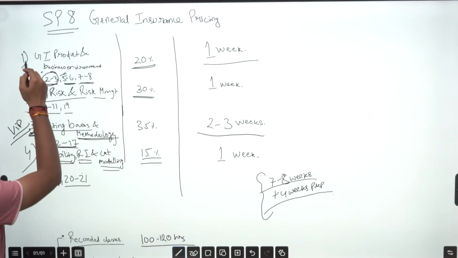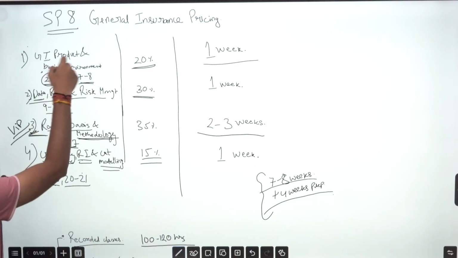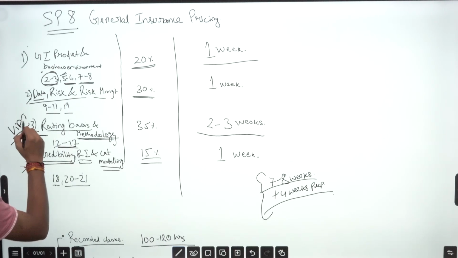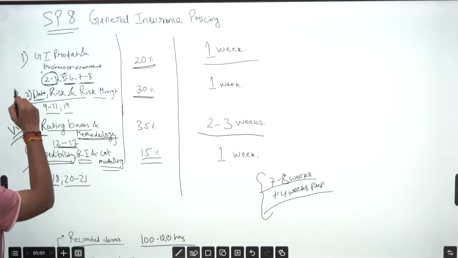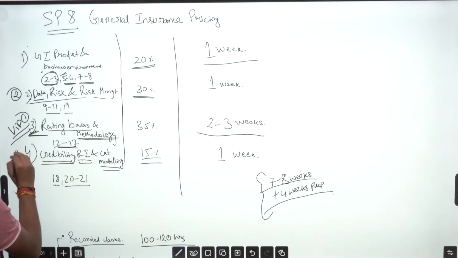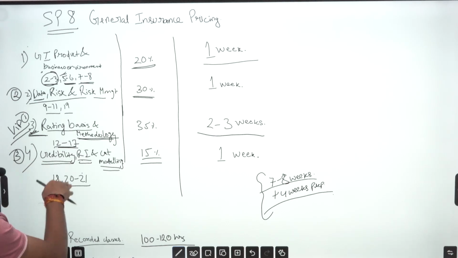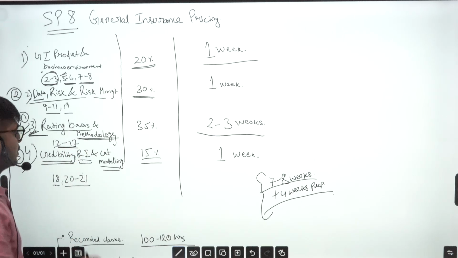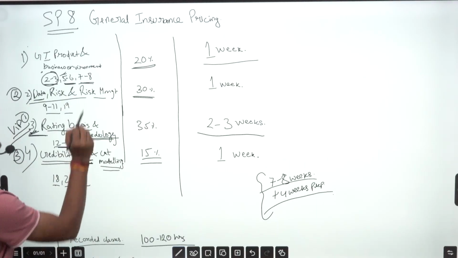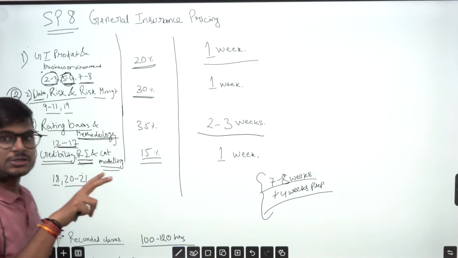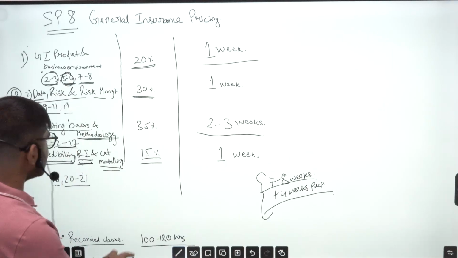So our aim would be quickly completing the introductory portion, jumping into this part, then going to this portion, data risk and risk management, and then coming to credibility, reinsurance pricing and cat modeling. When we do reinsurance pricing, we will together complete the reinsurance background and reinsurance types as well. Is it clear?